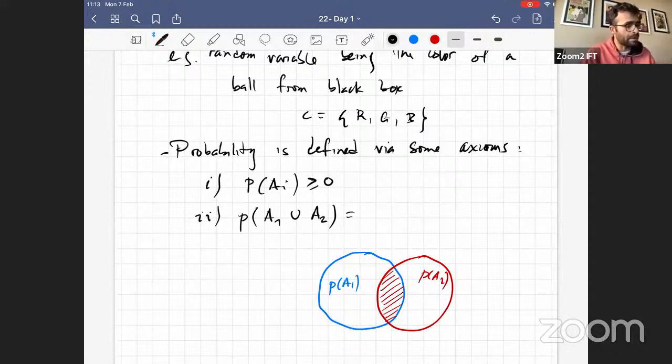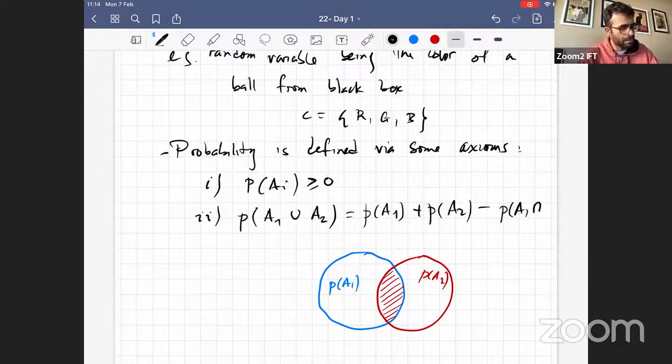And then the probability of this is probability of 1 plus probability of 2 minus that intercept, right? And then this is the intercept here.